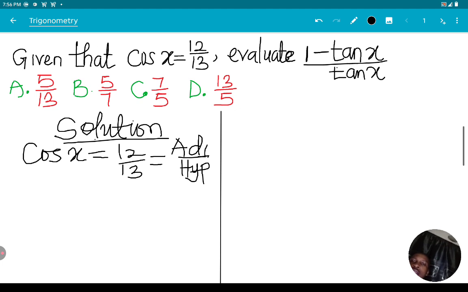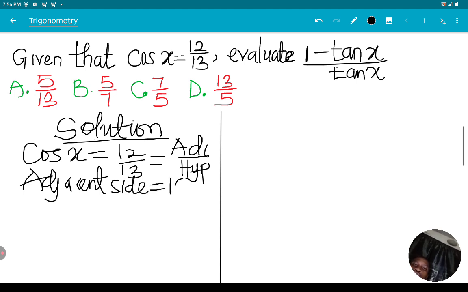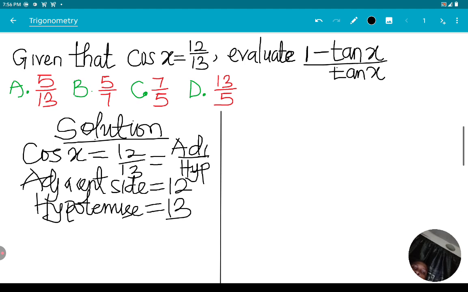So it means that the adjacent side is 12 while the hypotenuse side is equal to 13.